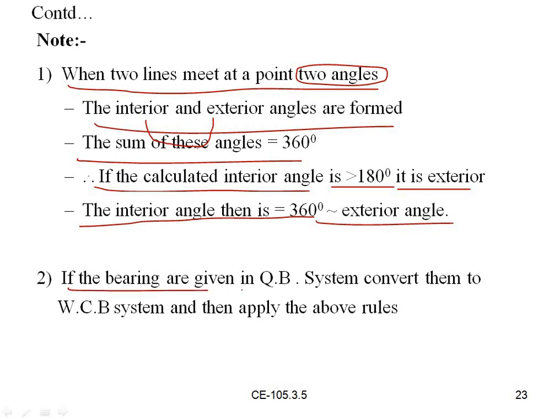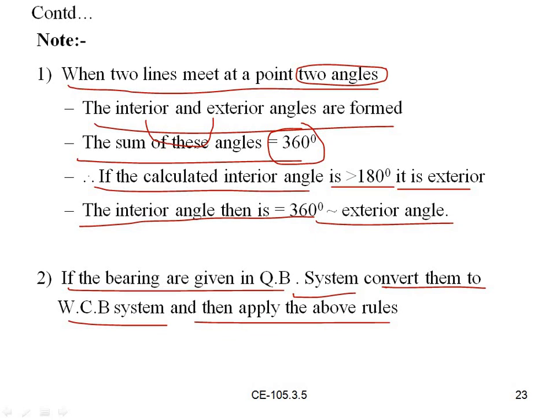If the bearings are given in quadrantal bearing system, convert them to whole circle bearing system and then apply the above rules. As we see in the first note, when two angles meet at a point, they are called interior and exterior angles, whereas all the angles will be within 360 degrees only.